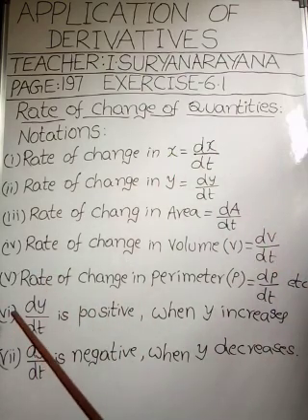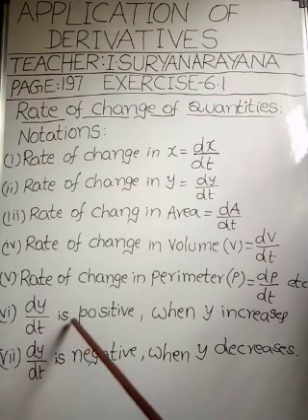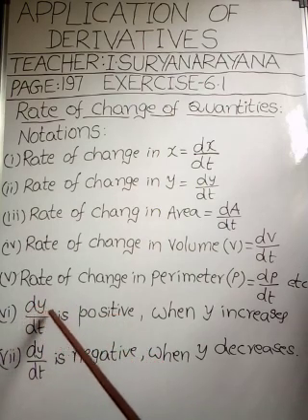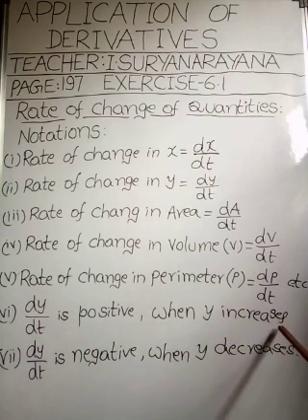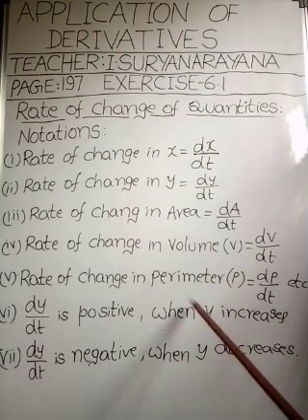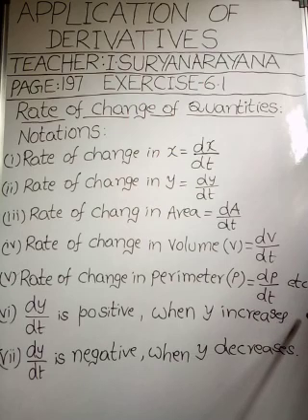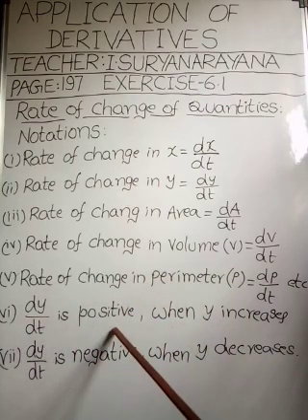Now observe these last two points. dy by dt is positive if the rate of change in the variable y is given as positive. It means y is increasing at an instantaneous time t. Vice versa, if y is increasing at an instantaneous time t seconds or time t minutes, it means dy by dt is taken as positive number.